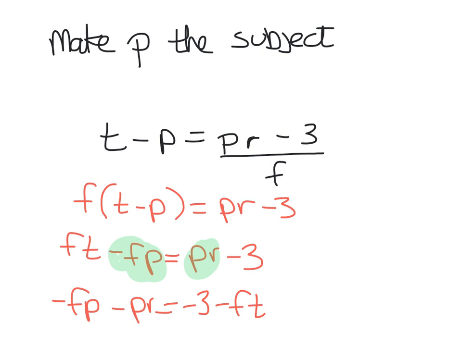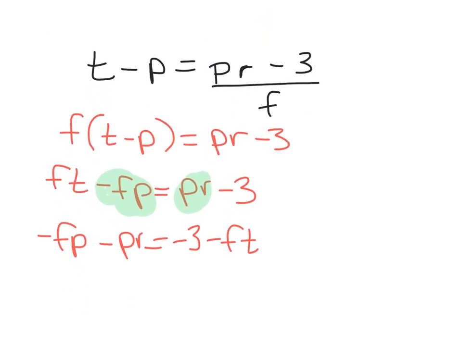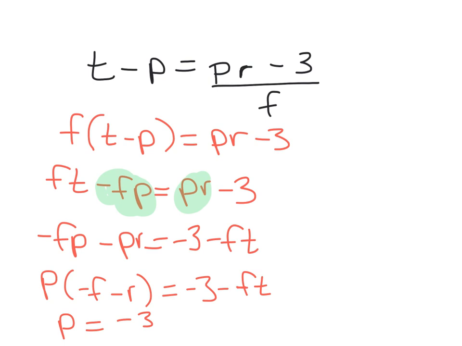We can then factorise, so that gives me p bracket minus f minus r equals minus 3 minus ft.